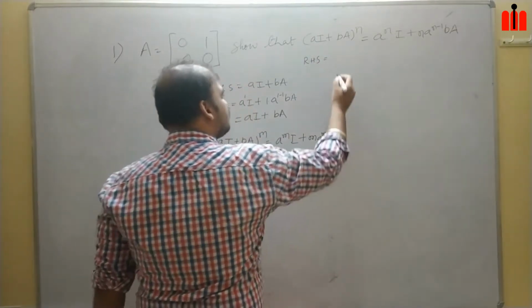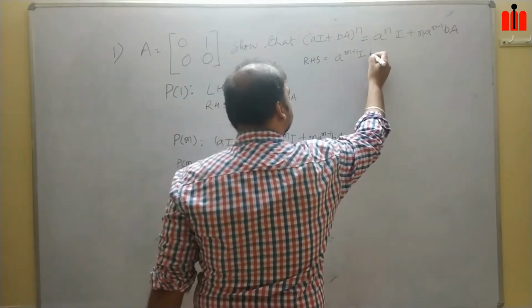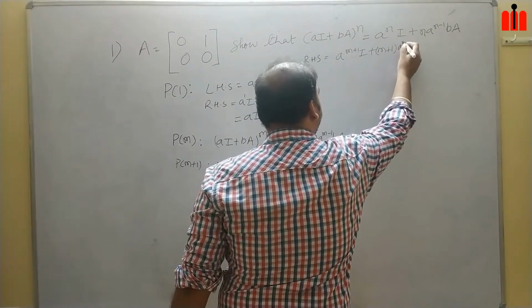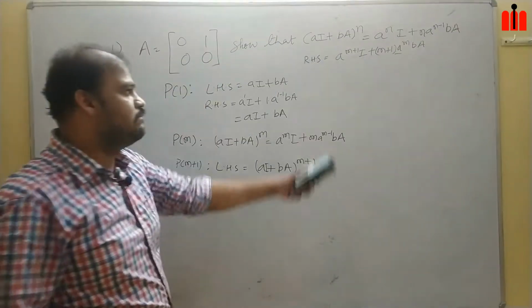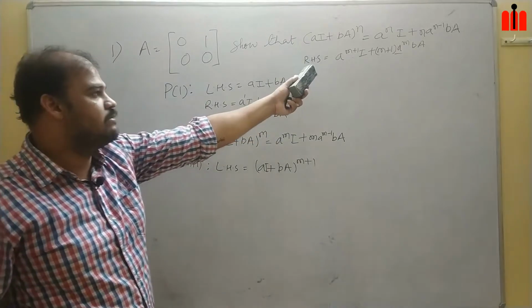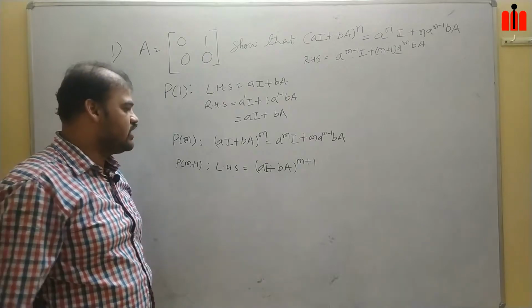RHS will be a^(m+1) I + (m+1) a^m bA. So in the place of n I had substituted m+1. We have to come up with this RHS by using LHS. Okay, now let's do that.